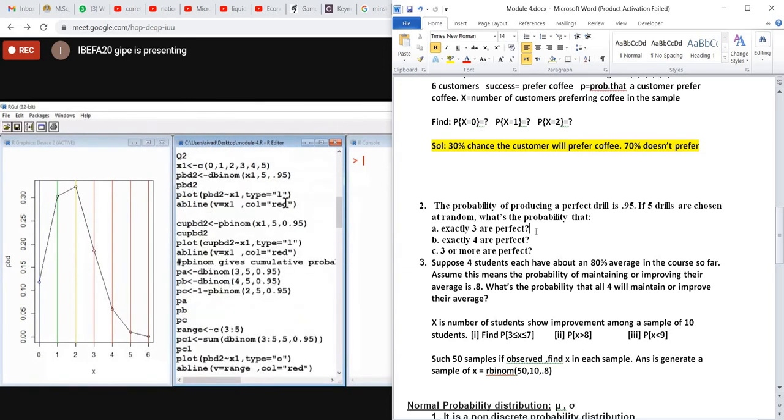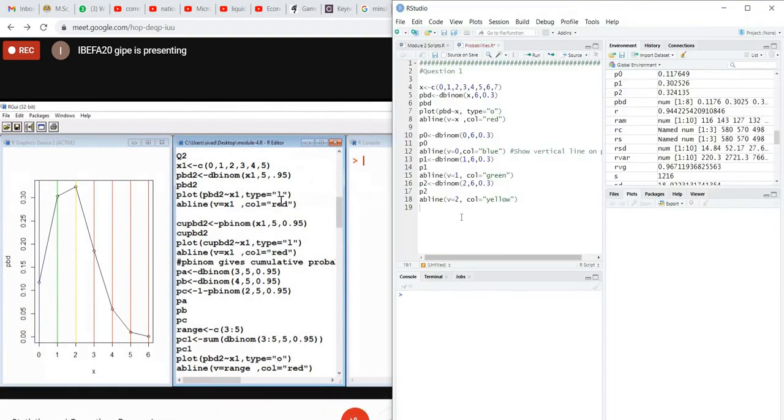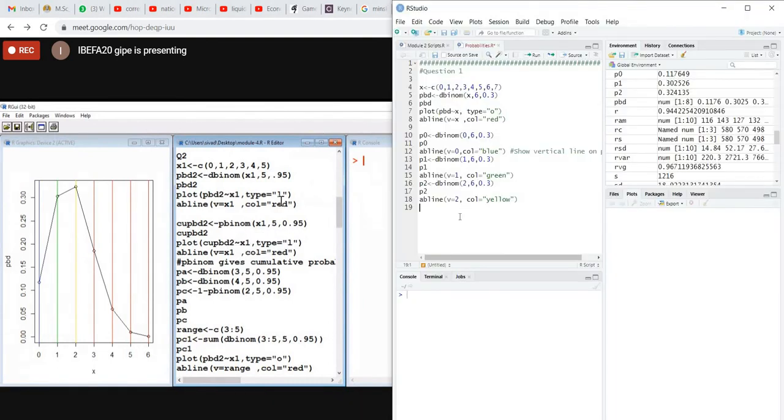I denote x1 because in the first question I have used x. Not to confuse, I am using another notation. So the number of perfect drills in the sample will be 0, 1, 2, 3, 4 or 5.